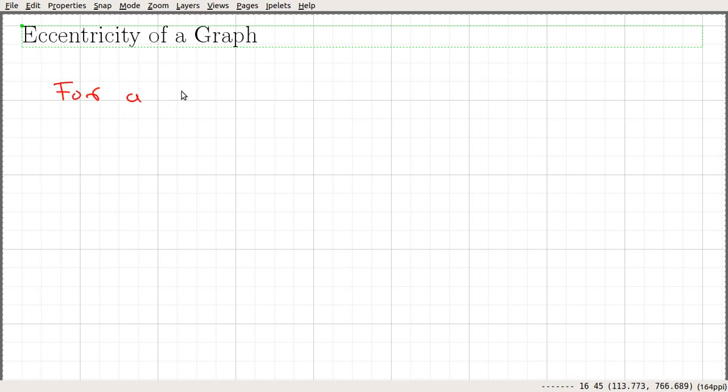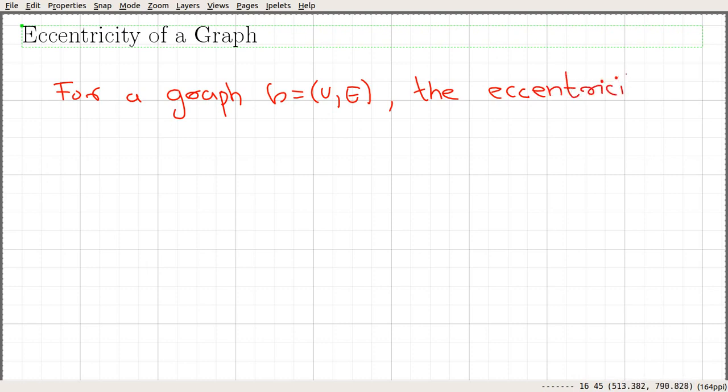So for a graph G, the eccentricity of a vertex v element of V is defined to be something like this. It is denoted E of v, where v is the vertex under consideration.